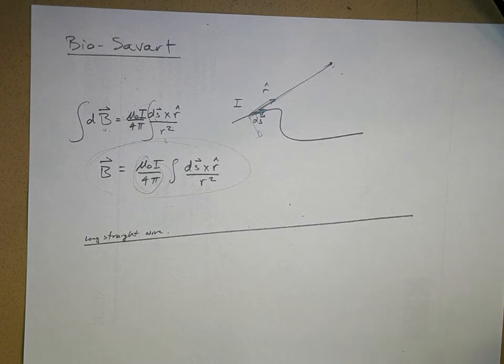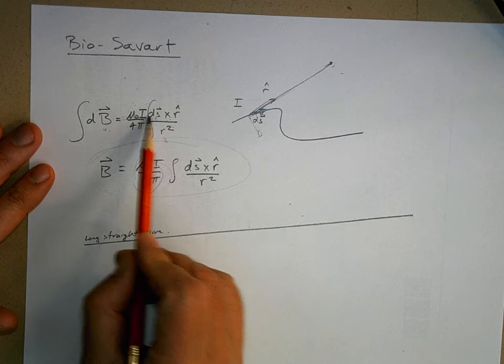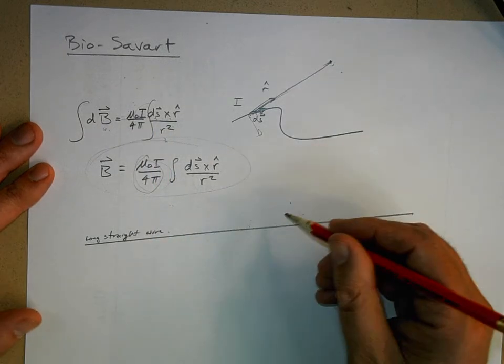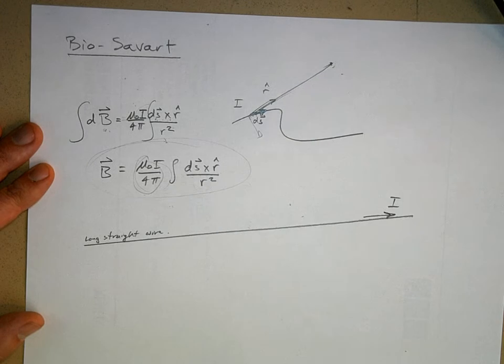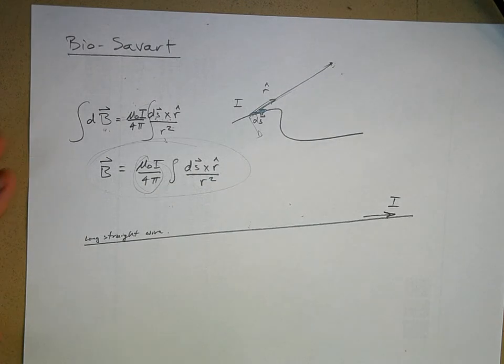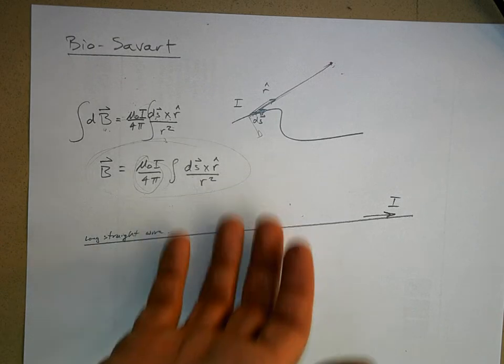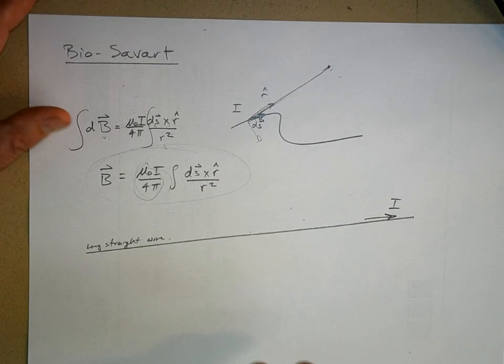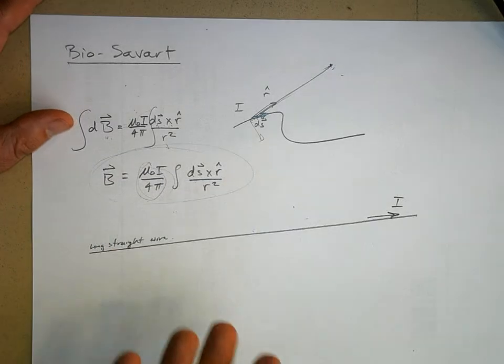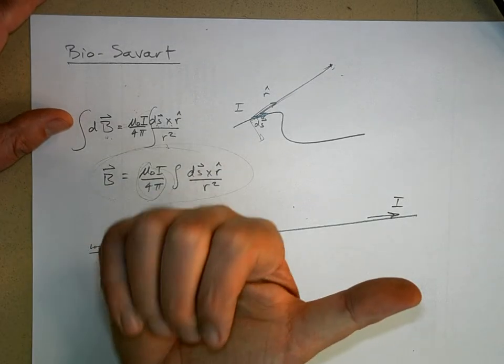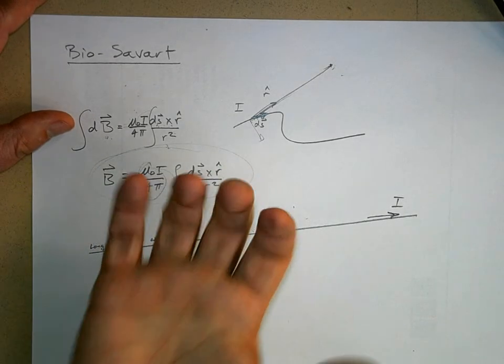And what you get is, because of this ds cross r hat, you end up with a circle. Now let's show the current. It's going like this. And what you do is use the right-hand rule for long wires. You grab the wire with your right hand. Your thumb is in the direction of the current, and your fingers will curl around it like that. That's the direction of the magnetic field.